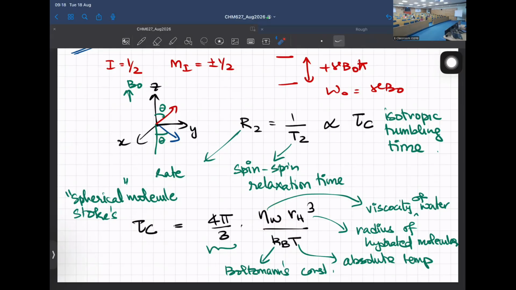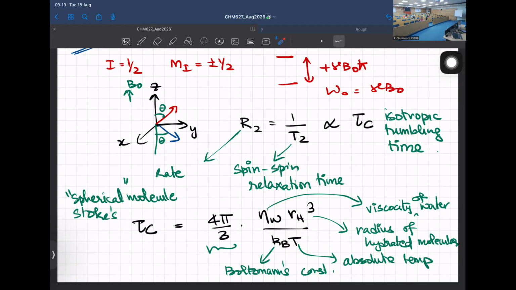You know very well, as you increase temperature, viscosity also reduces. So getting an NMR spectrum at higher temperature is many times preferred when you're not able to get well-resolved lines at lower temperature, because of two reasons: temperature is inversely proportional to tau c, and most importantly, viscosity is also inversely proportional to absolute temperature. So if you increase temperature, there is a two-factor difference where the reduction in viscosity and increase in temperature allows for tau c to decrease further, making lines sharper.